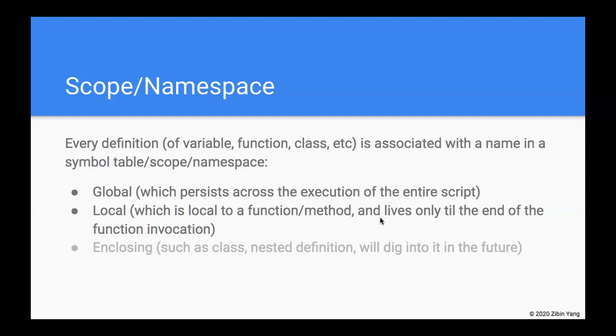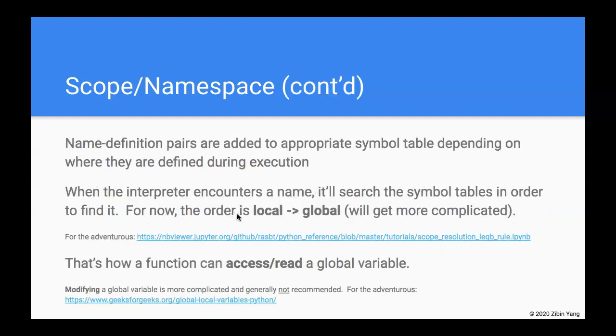They are created when the execution enters into a function, when a function is called, and they are removed when that function call is finished. There are other kinds of scope, such as enclosing scope, but let's not worry about that right now.